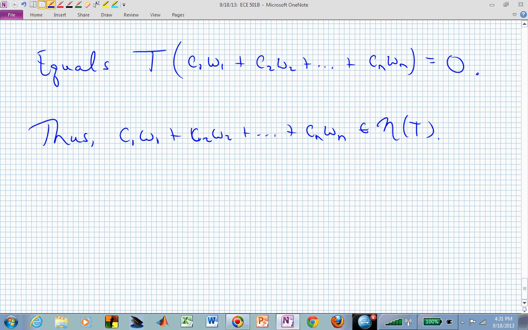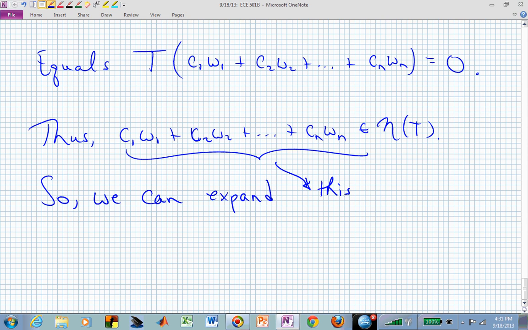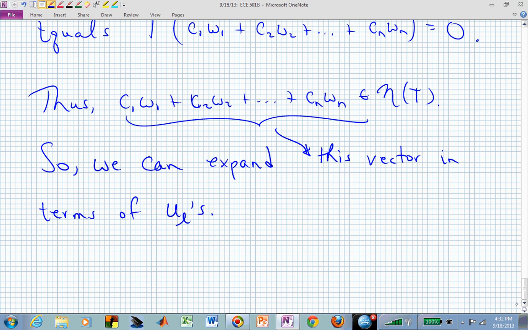Meaning now we can write this vector in terms of the basis for the null space of T. Meaning we could say, okay, C1 W1 plus C sub 2 W2 plus C sub n W sub n can be written as a linear combination of u's, which is, let's say, D1 U1 plus D sub 2 U sub 2 through D sub m U sub m.